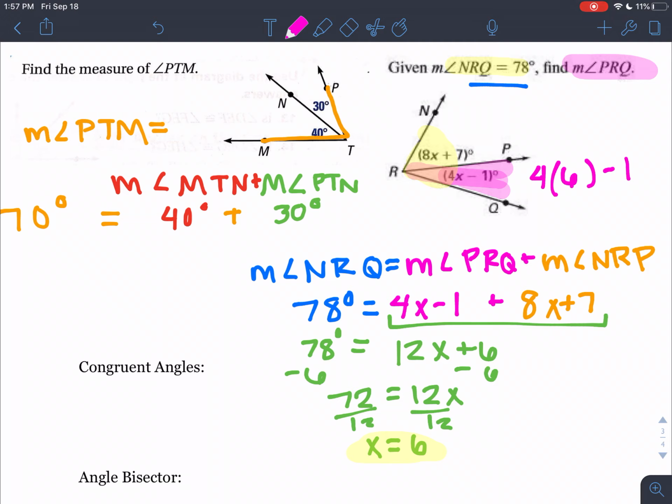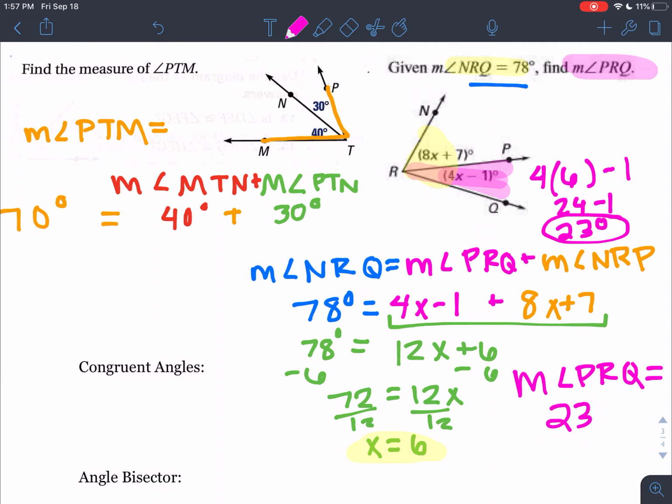We put that into our angle measurement that was given to us for PRQ. 4 times 6 is 24, minus 1 is 23 degrees. So the measure of angle PRQ is 23 degrees.